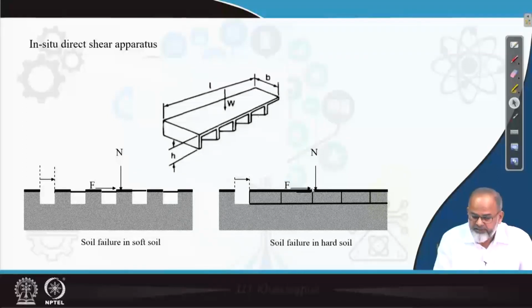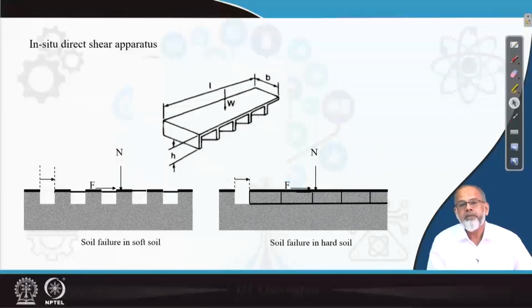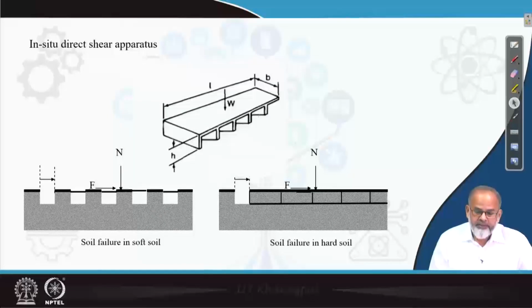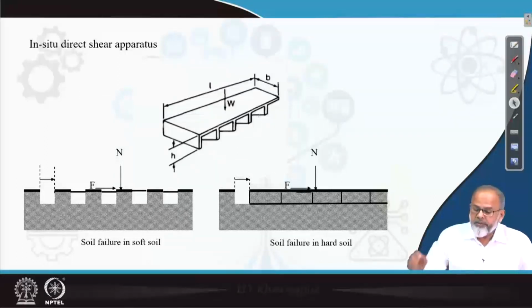Then we measure the tangential force F and the corresponding shear stress which is caused. If you measure that area, then we can correlate shear stress with displacement, or shear stress with normal stress.